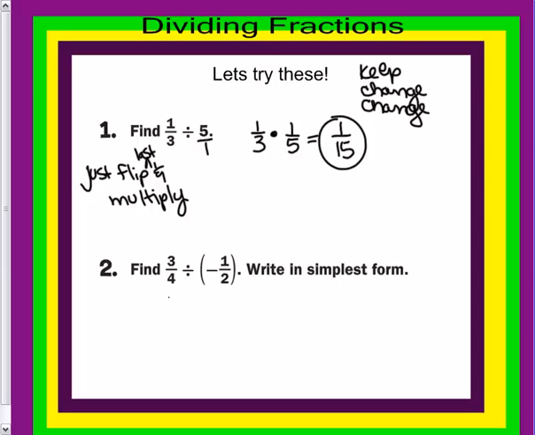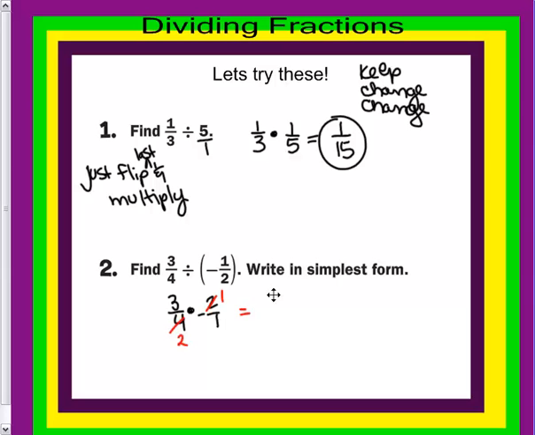Down here, 3/4 divided by negative 1/2. Ooh, I see a division sign, so I'm keeping the 3/4, change this, and change this to a 2 over 1. It's reciprocal, or it's inverse, right? So here I can simplify within the problem. I see a 2 and a 4, which I know can be simplified into a 1 and a 2.